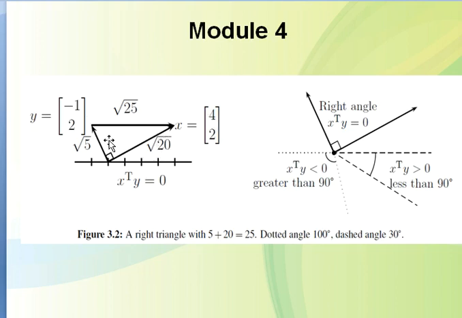Similarly, if x is (4, 2) itself, and we are finding another point y such that x transpose y makes it 0, then it could be a combination like (minus 2, 4) also, meaning all the multiples of this y can be orthogonal to this (4, 2) for x.